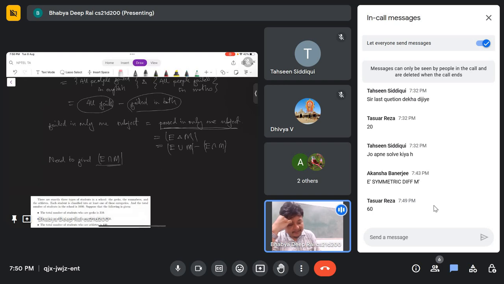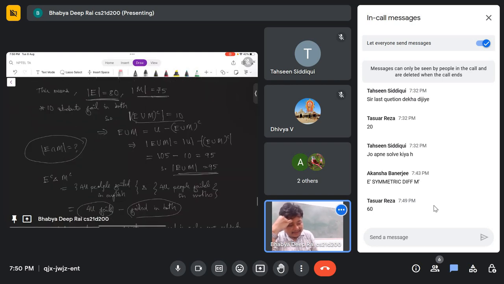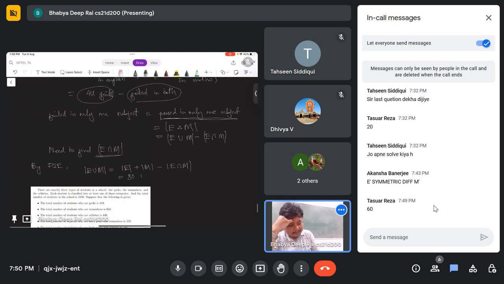We need to find E intersection M. By the principle of inclusion exclusion, size of E union M is nothing but size of E plus size of M minus size of E intersection M. Size of E is 80 plus 75, which is the size of M, minus E intersection M. This is what I need to find.